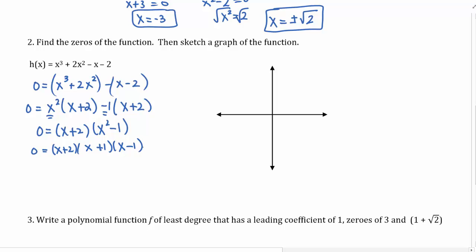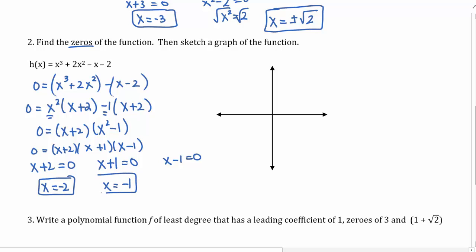Then I'm done factoring, but I actually have to solve it in order to find the zeros. So x plus 2 equals 0, x plus 1 equals 0, and x minus 1 equals 0. Setting each factor equal to 0, you get x equals -2, x equals -1, and x equals 1.